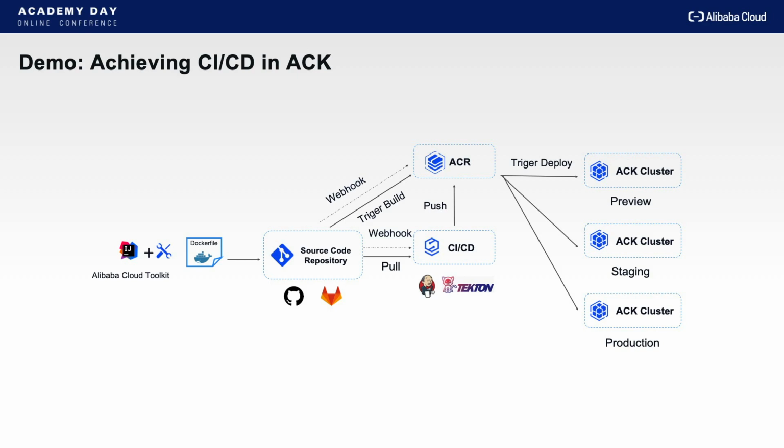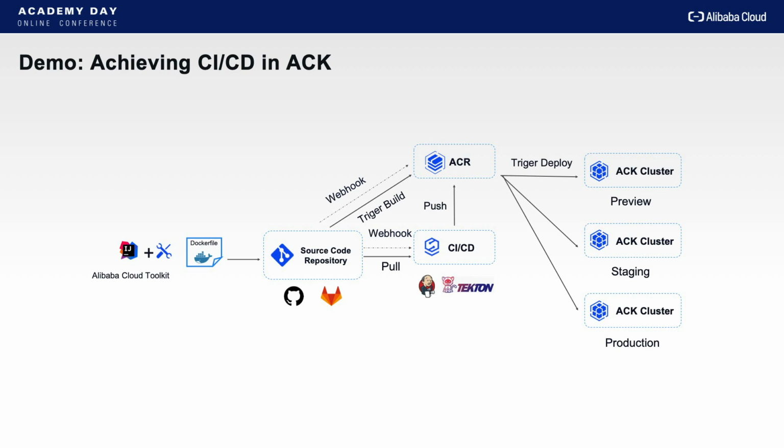Okay, we will demonstrate how to Dockerize an application and push it to Container Registry to achieve CI/CD automation on Alibaba Cloud Container Service. In this scenario, the developer needs to change the code and push the code to GitHub.